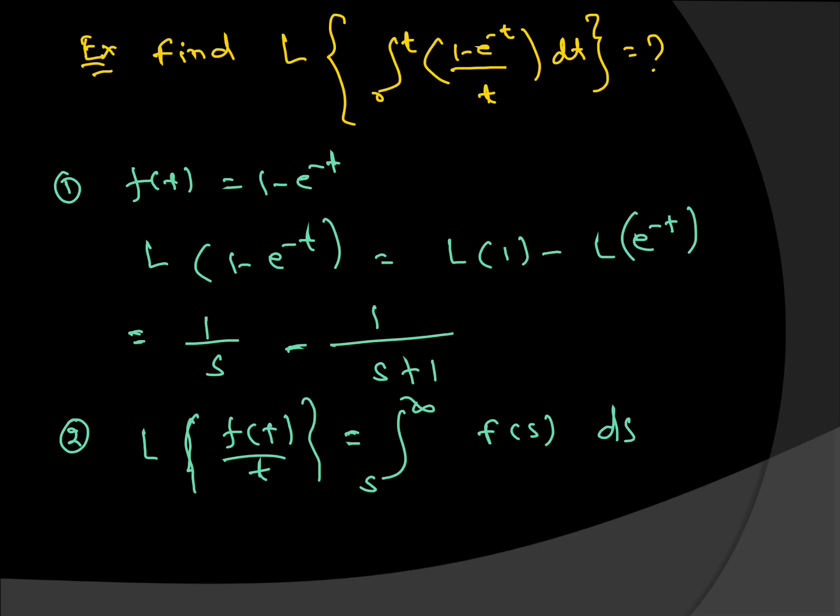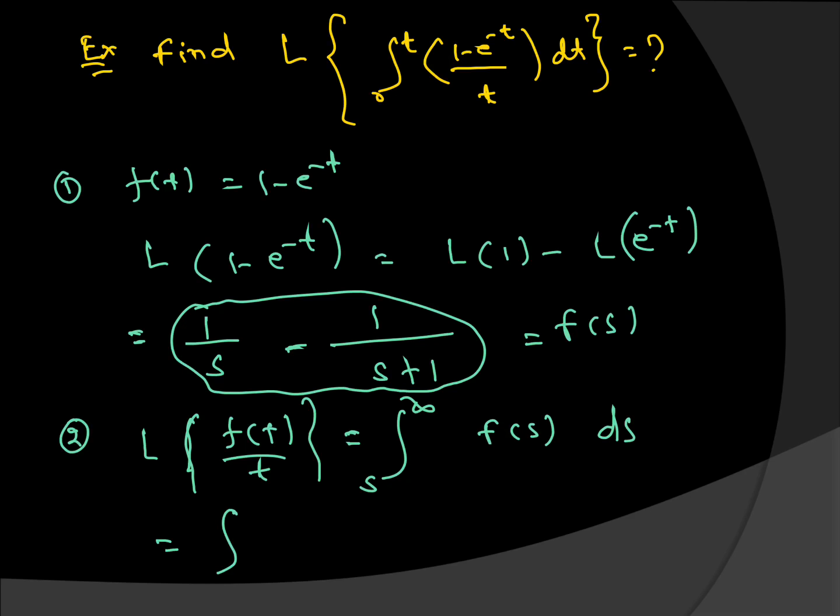Then put the values of f of s. f of s is this one. This term is our f of s. So it's s to infinity 1 by s minus 1 by s plus 1 ds.